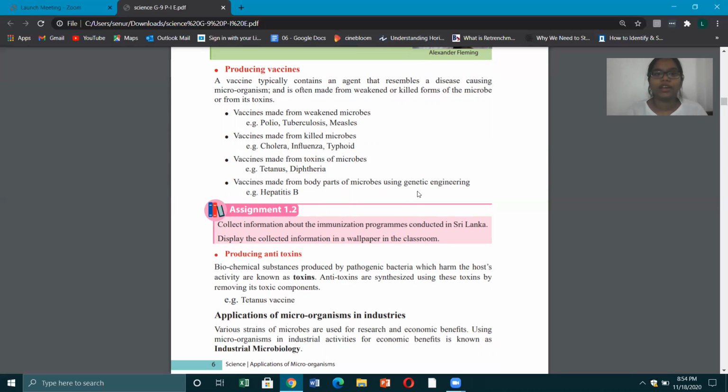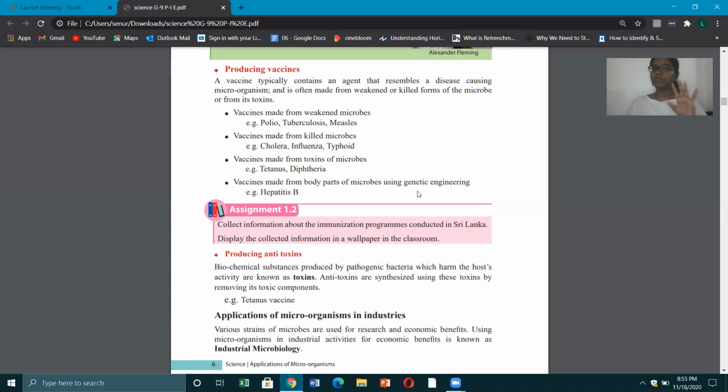A vaccine typically contains an agent that resembles a disease-causing microorganism and is often made from weakened or killed forms of the microbe or from its toxins. So this is a bit like antibodies. So vaccines have been made out of microorganisms.